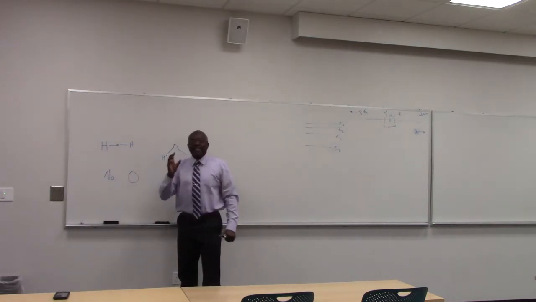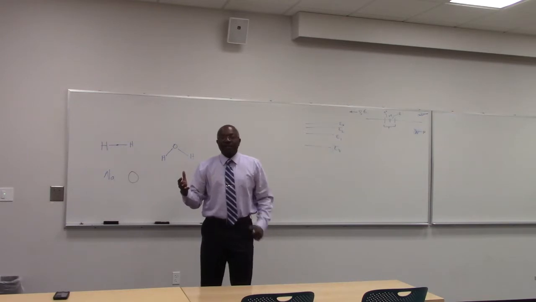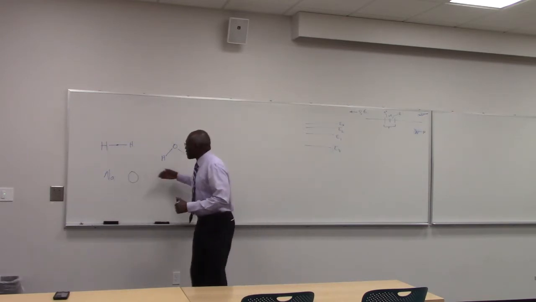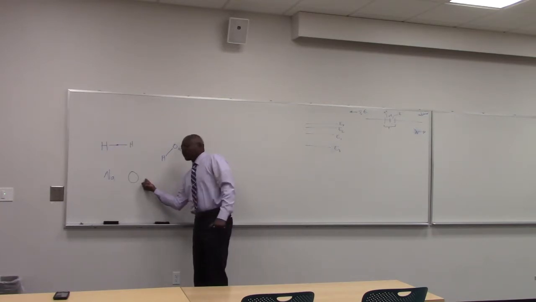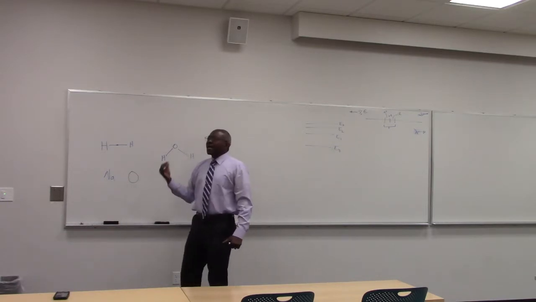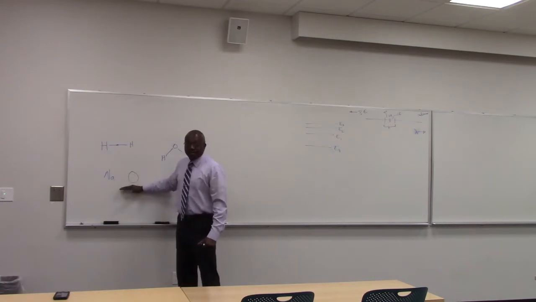But if I'm a single atom, I can't vibrate. There's no other atom that I'm bonded to that creates a central point about which I can vibrate. So I can't do vibrational spectroscopy on atoms.